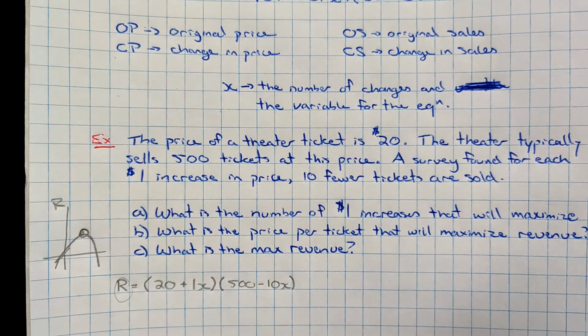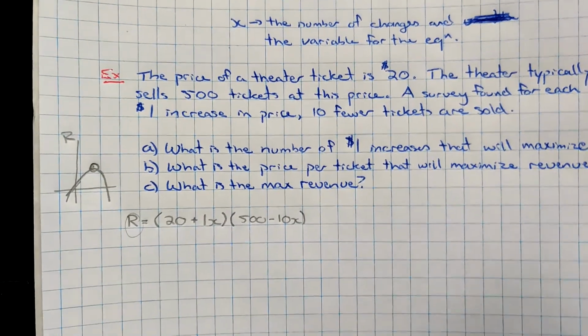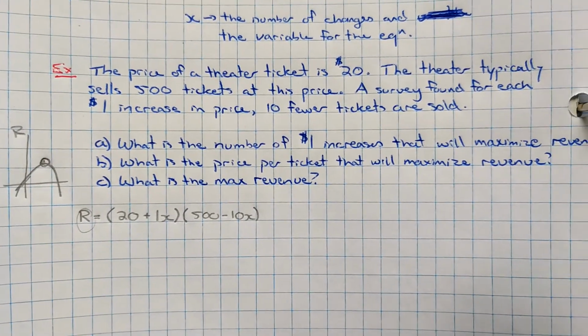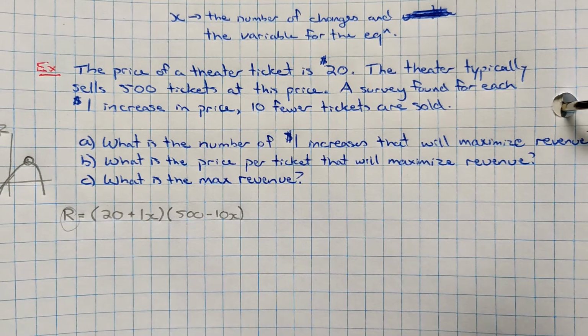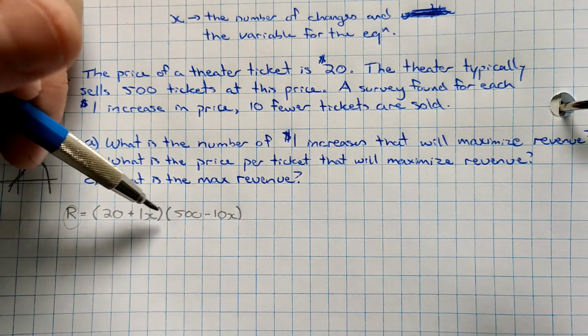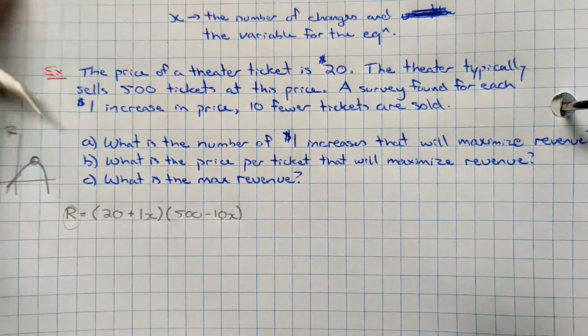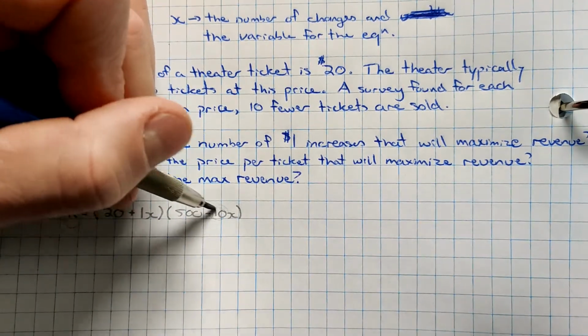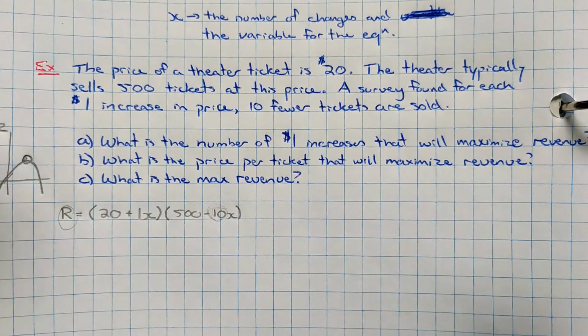So we need to find the vertex of this graph. There's a couple ways of doing that. We can try the zeros method, but we haven't learned how to do that yet with a value in front of the x squared. So let's use the completing the square method.